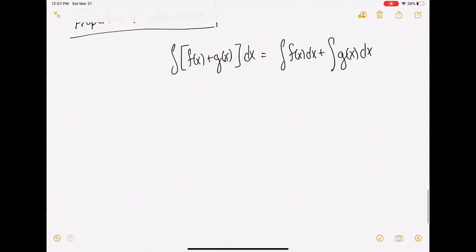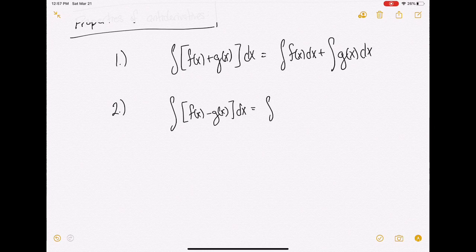And we get the same thing with a minus sign. The integral of f of x minus g of x dx equals the integral of f of x dx minus the integral of g of x dx.